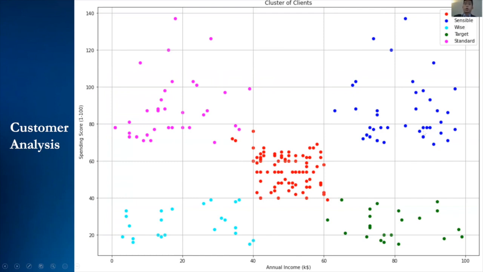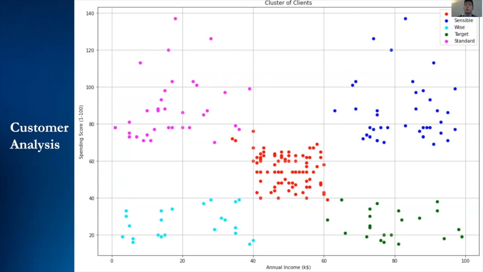And from the dark blue one, we can see people with higher annual income and higher spending score. This is the ideal case for the mall, because they might be satisfied with our mall services and would like to spend more money in our mall. And in the dark green one, we can see people with high income and lower spending score.